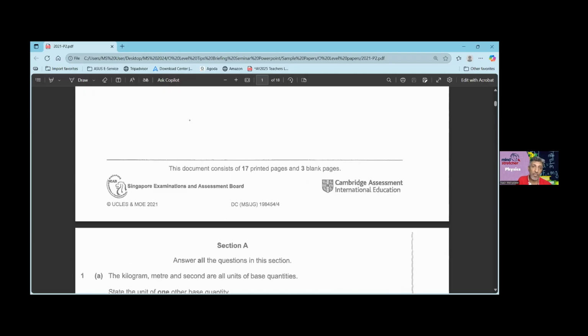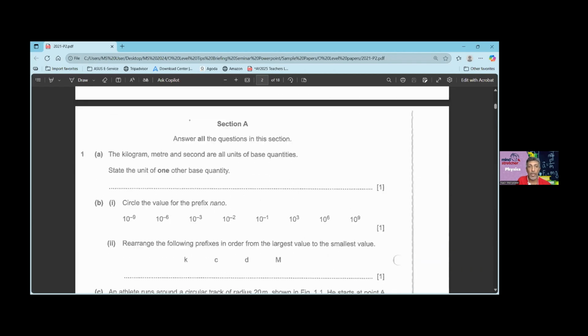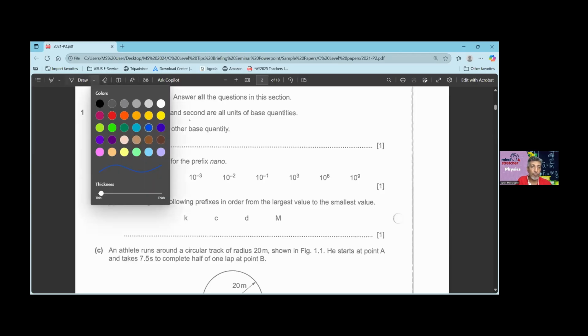I repeat, this is the 2021 paper, so you can refer to your TYS. Sometimes we may have to go a bit faster, so you may have to take a screenshot, but mostly you should be able to write down the answers. Try to do the questions yourself.